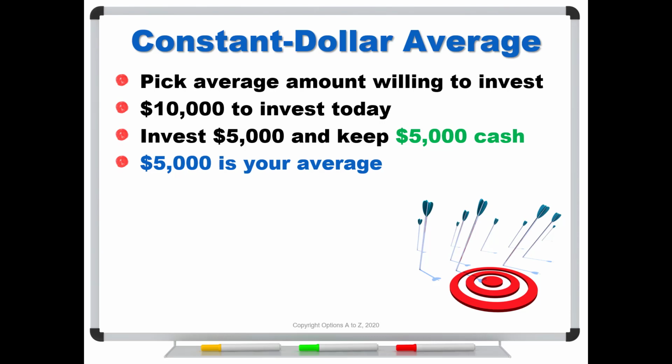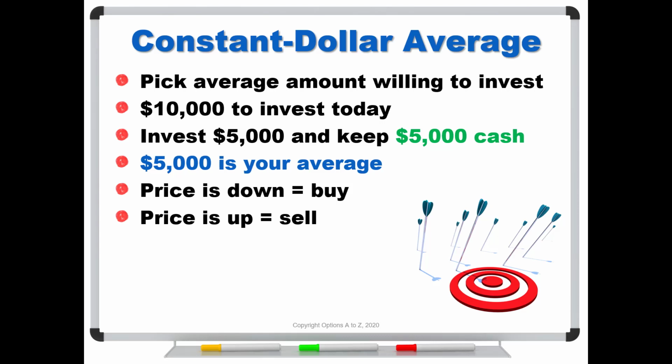But let's say every week, you check the value of your holdings, and if it's below $5,000, or if the price of that asset is down, you're going to buy to bring it back up to your target of $5,000. And if the price is up, let's say it's worth $6,000, you're going to sell $1,000 worth and bring it back to $5,000. You're trying to keep that $5,000 amount constant.